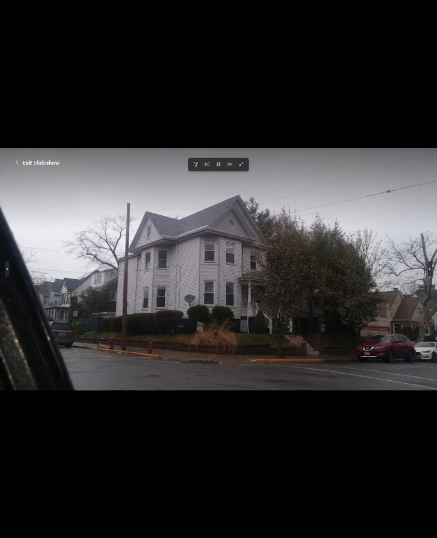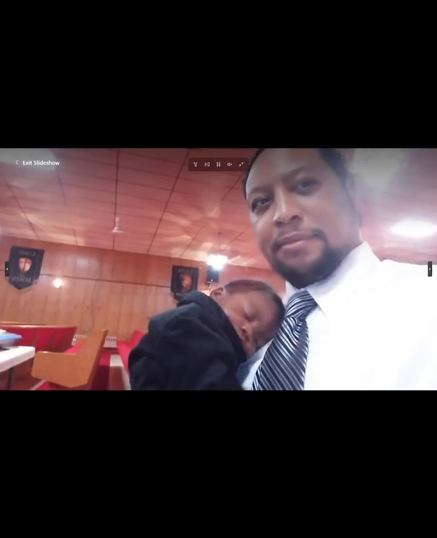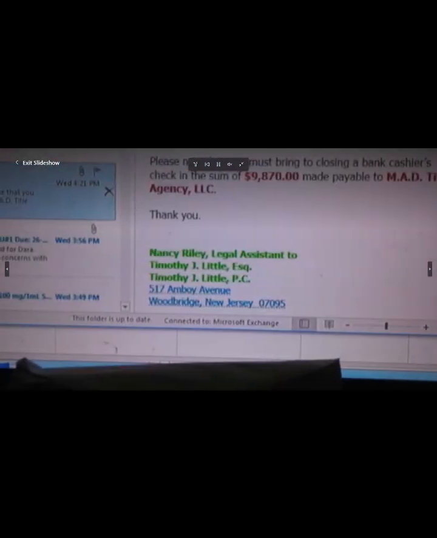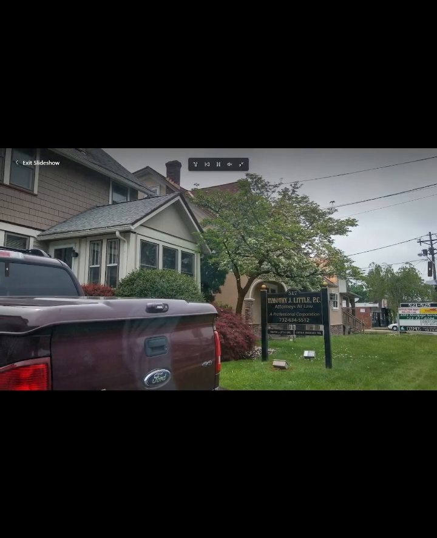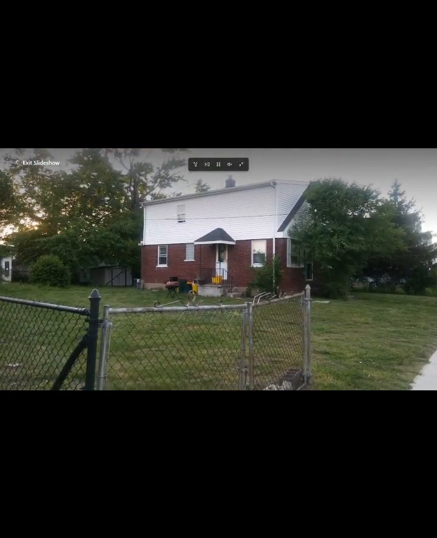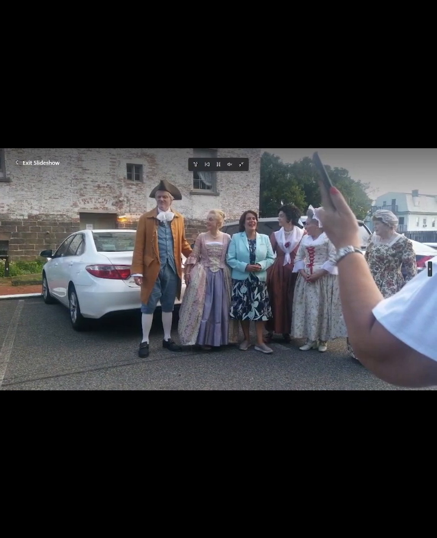Question number 4. The period of time after a tax sale during which the property may be redeemed is called A. A statutory period of redemption. B. An equitable period of redemption. C. The in rem redemption period. Or D. The lien payment period. Correct answer is A, the statutory period of redemption.